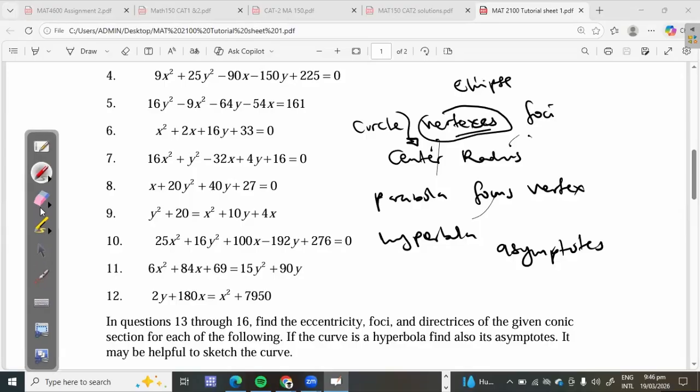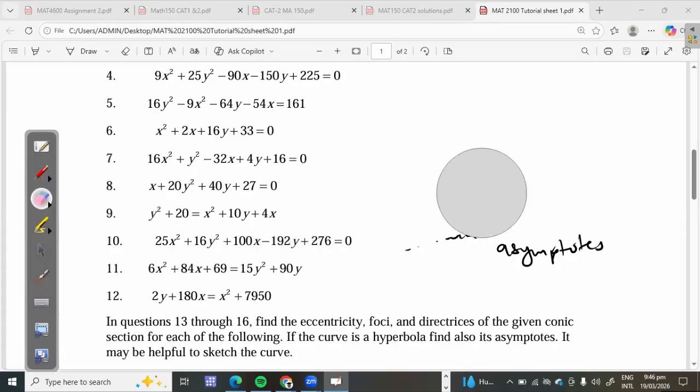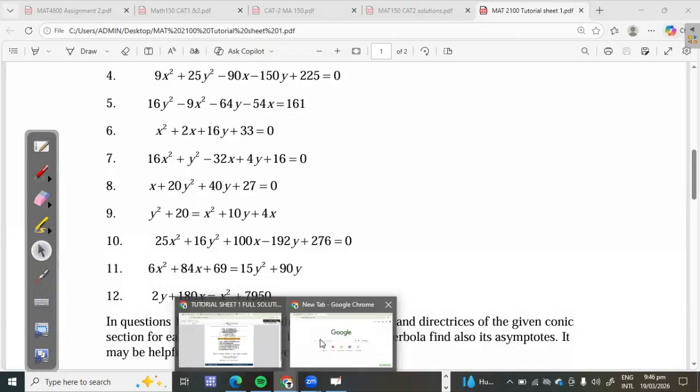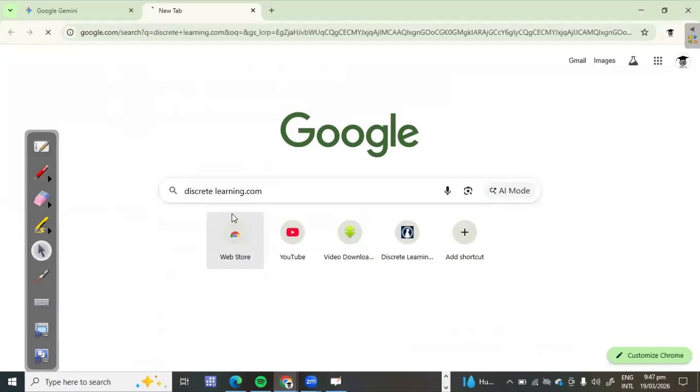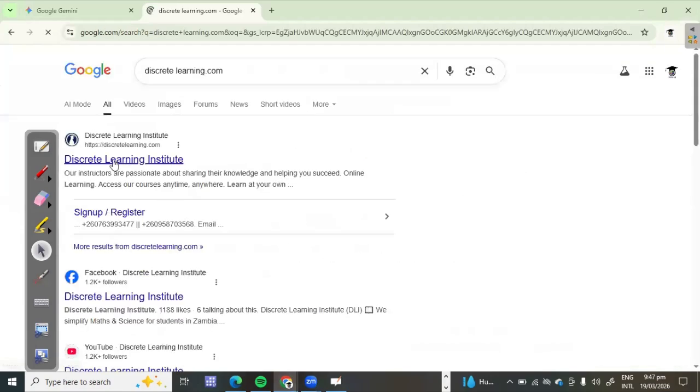So now, I had started up a build app, which you can find when you go on the website and type in discretelearning.com. If you're not subscribed, if you don't have an account, register first for an account here.